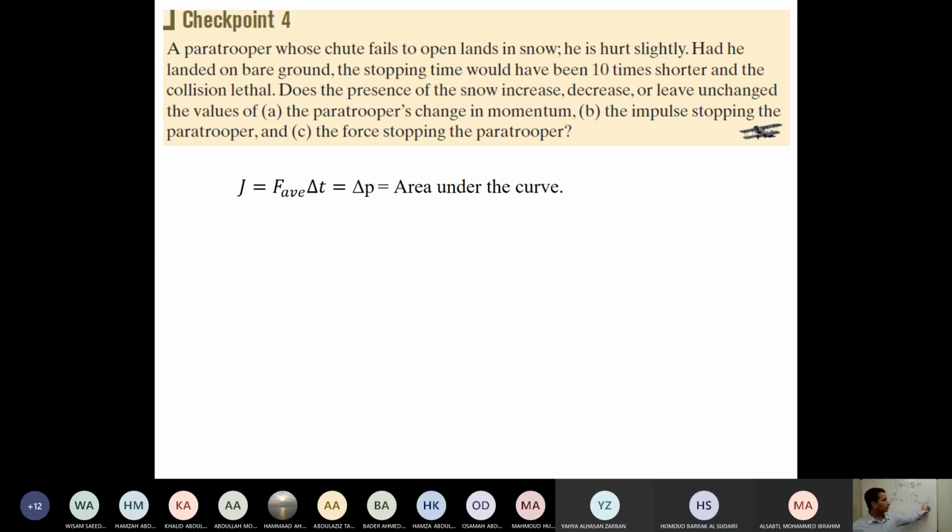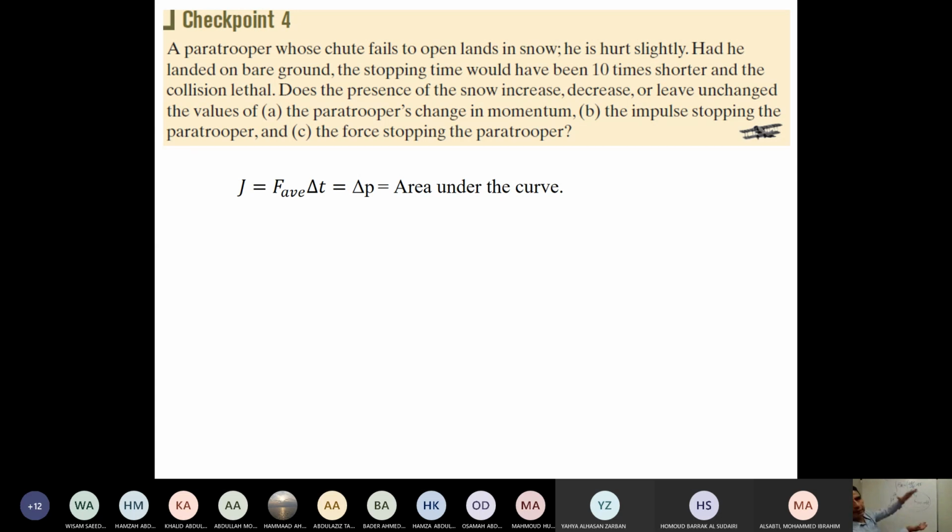Since you are hitting the foam, there is a lot of time for you to get to the lowest point. So your momentum is changing over a lot of time. That's why you are reducing the force while increasing the time interval in the foam. But the ground is not elastic.